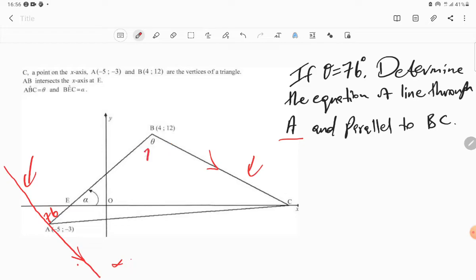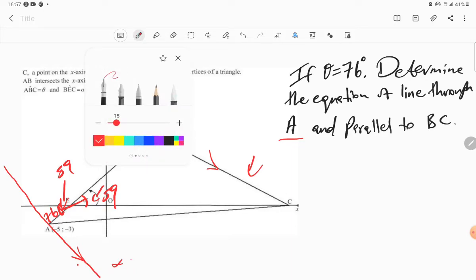If this one is 76, and this one we figured out is 59, then this one is also going to be 59 because these are vertically opposite angles. This angle is 59. This one is also going to be 59 degrees. Then if that's the case, we can figure out this angle.